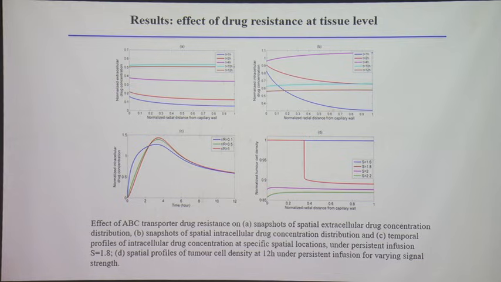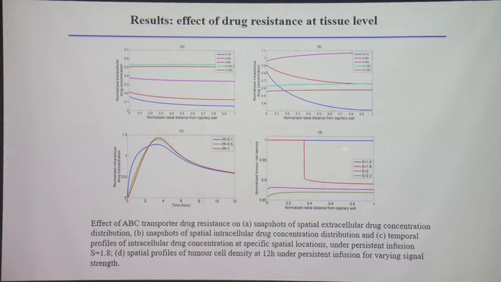I think the most interesting thing is actually this panel, the bottom right, which looks at the normalized tumor cell density. This S represents different strengths of the stimulus. In systems biology, some of these concepts are rather abstract, but you can relate this to the dosage of the drug.